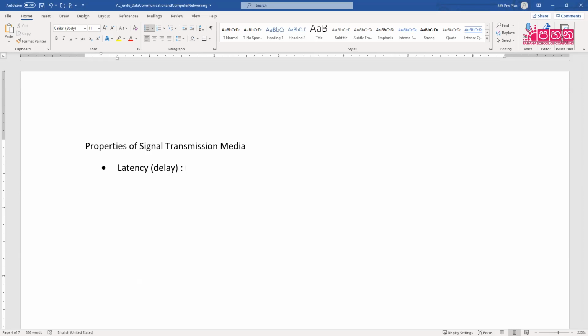So latency we can define as the time taken for a unit of data to travel from one point to another point.